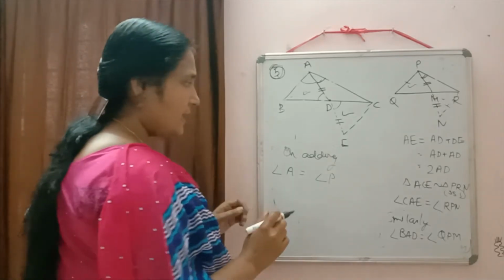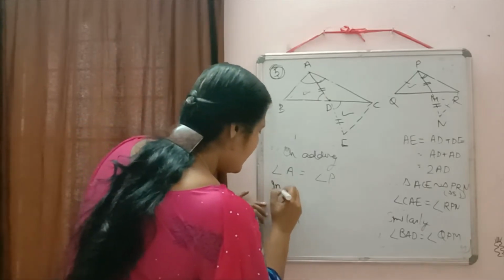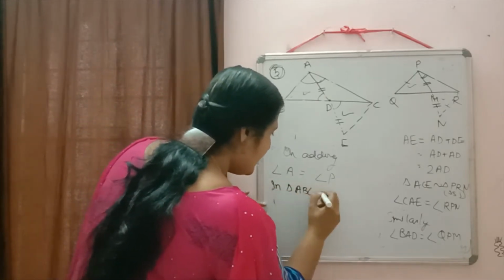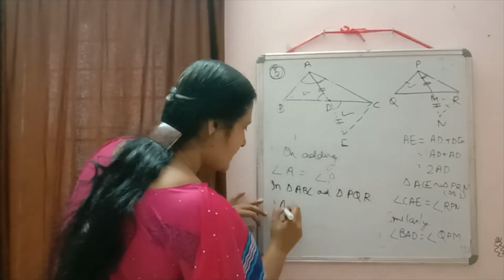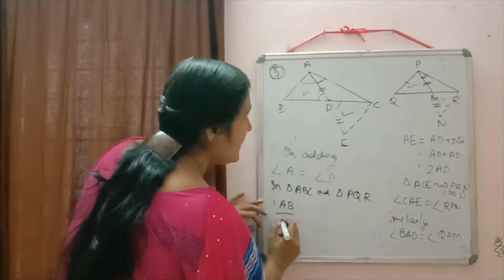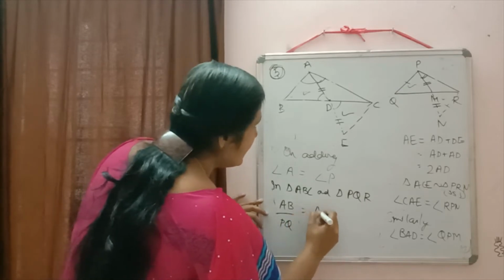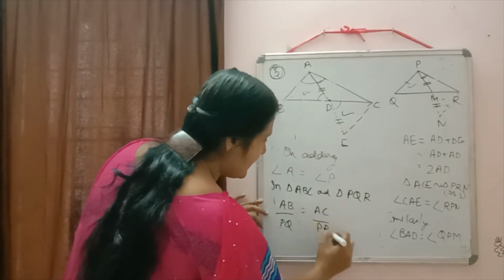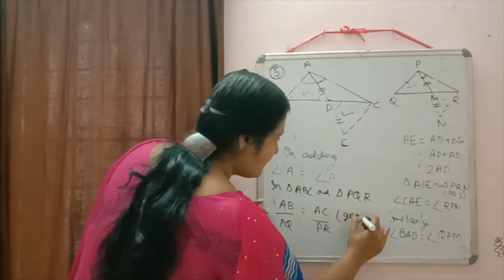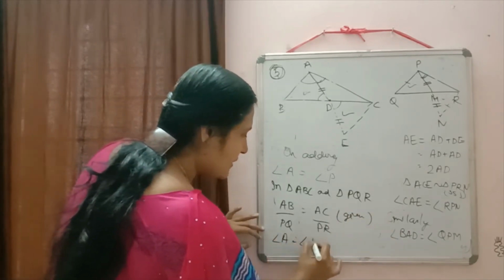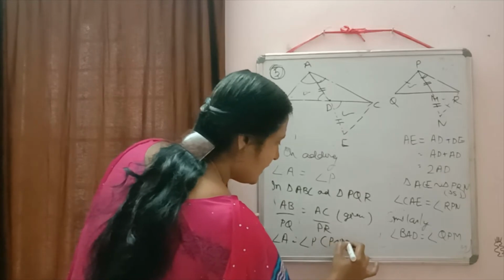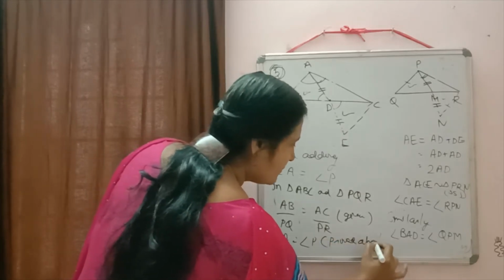So once again write down, in triangle ABC and triangle PQR, what is the condition given? AB by PQ is equal to AC by PR. This condition was given, and just now what did we prove? Angle A is equal to angle P. Write down there, proved above.